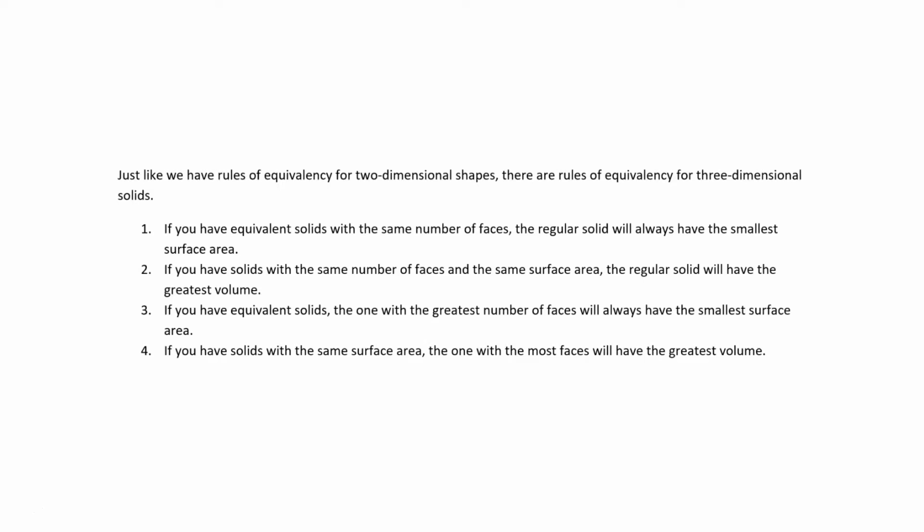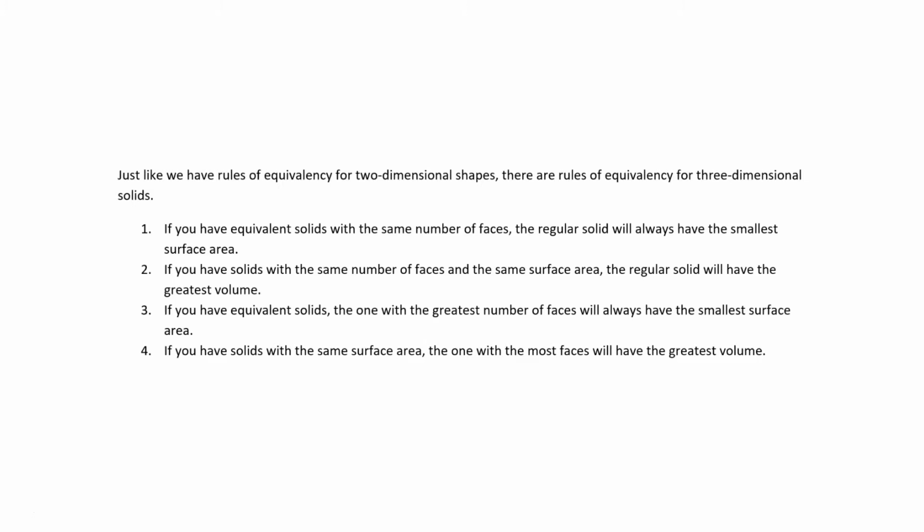When I talked about the solutions to question 10 earlier, when we were dealing with the rules of equivalency for two-dimensional shapes, I talked about how the closer things got to being a circle, the more efficient it became. So you were maximizing area and minimizing the perimeter the closer you got to a circle.